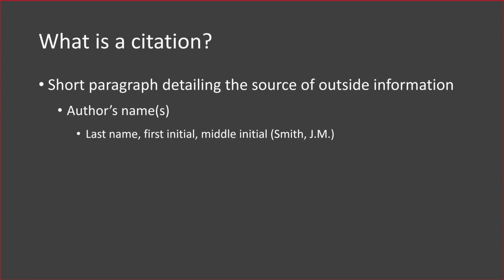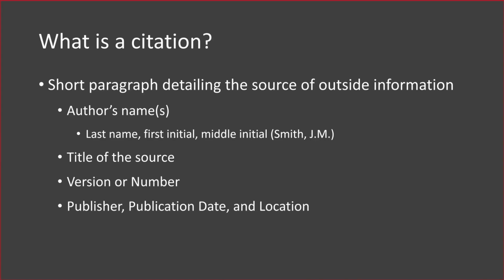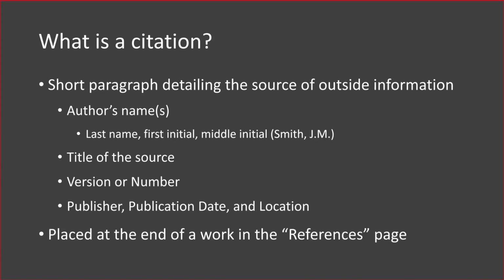This is different than with the MLA format, so it's worth noting here. Then you also need the title of the source, the version or number, a publisher, publication date, and location. And this is going to be placed at the end of the work in a references page. Whereas in MLA it was a works cited page, this is going to be on the references page.